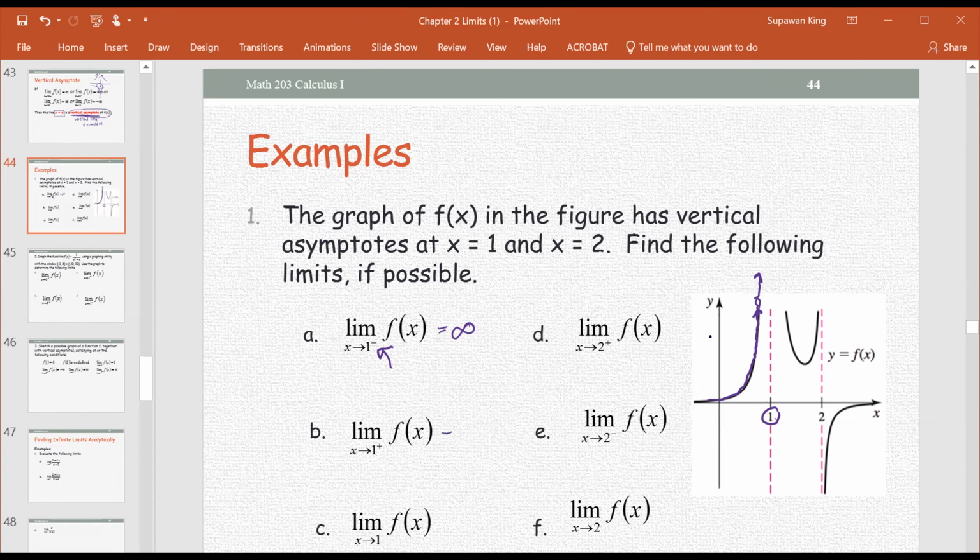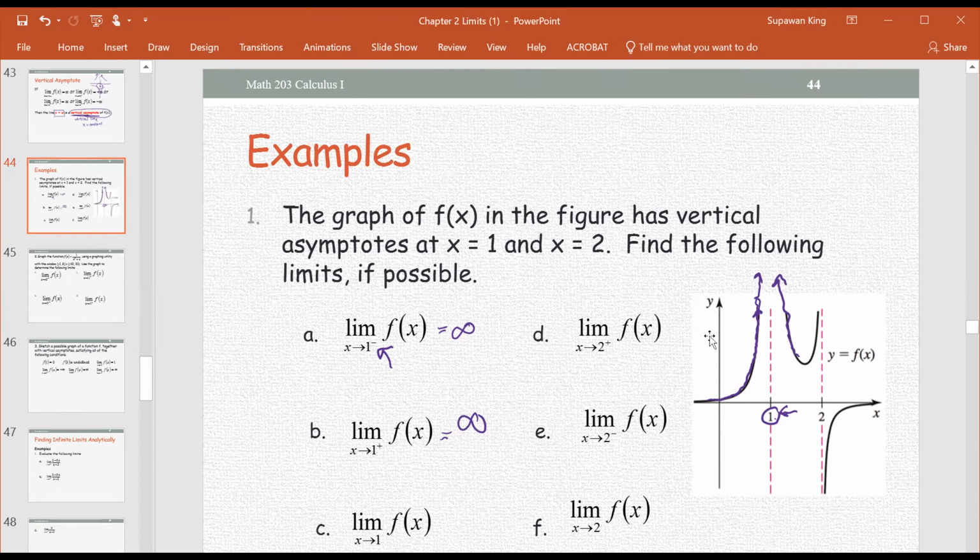And then the next one, as x approaches 1 from the right, still referencing the point 1, but now we look at the graph as x approaches 1 from the right side. Now we look at another piece of the graph. The graph is also approaching positive infinity. So that's the answer for part B. Okay? Part C, no superscript.